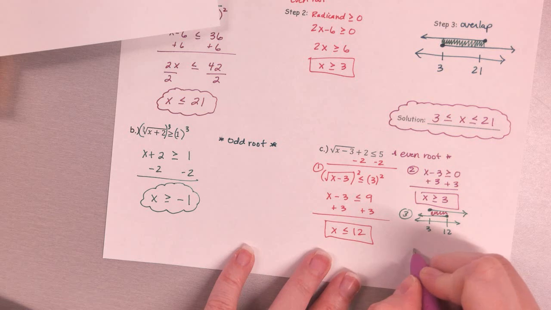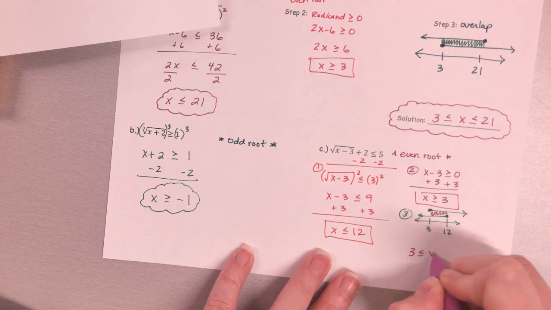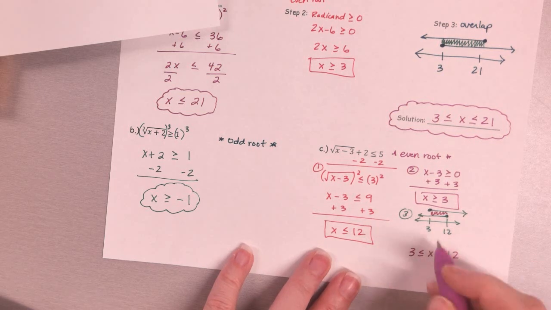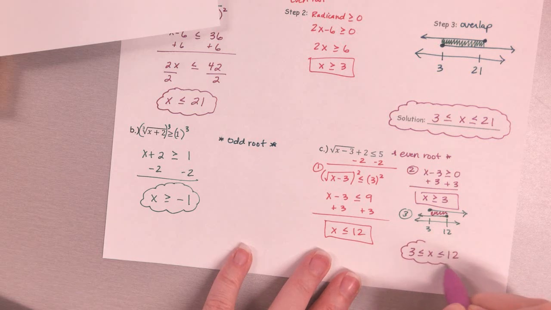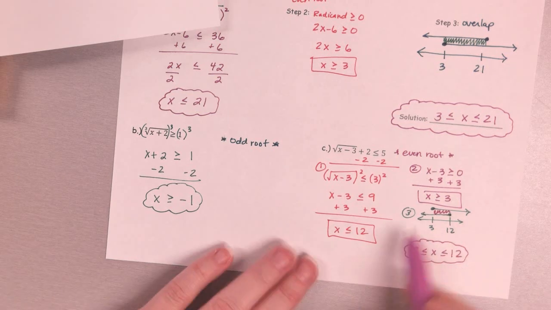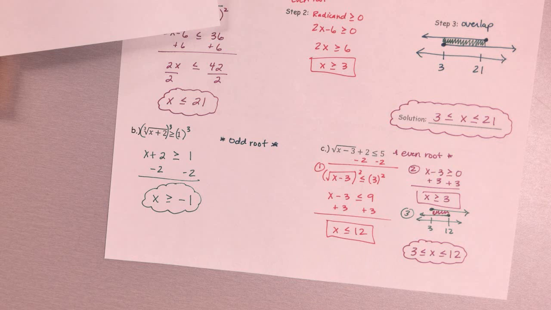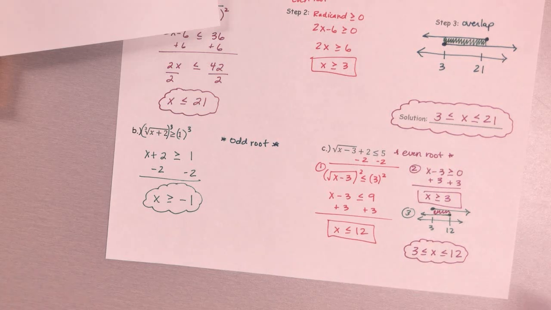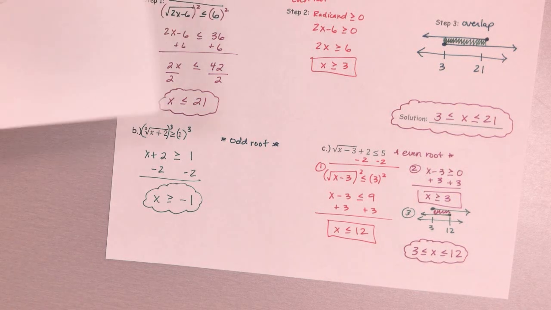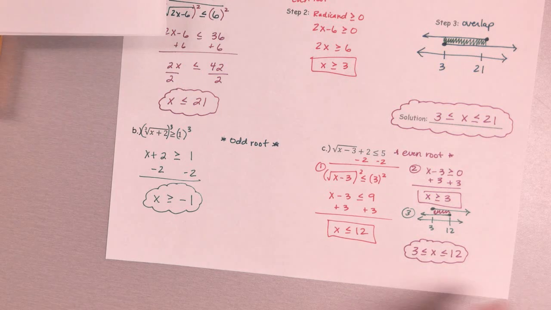So then your solution is 3 is less than or equal to x, which is less than or equal to 12. Okay, you can also look at these and see they both happened. They can both happen at the same time. There are several numbers that are greater than or equal to 3 that are less than 12. So you are putting those 2 together. Okay, and then if they can't happen at the same time, that's when you would have no solution.